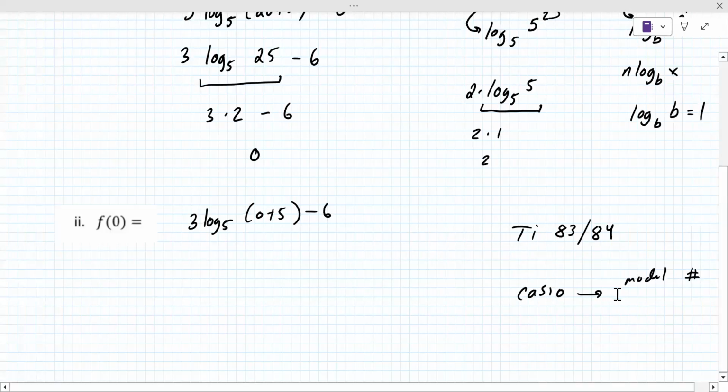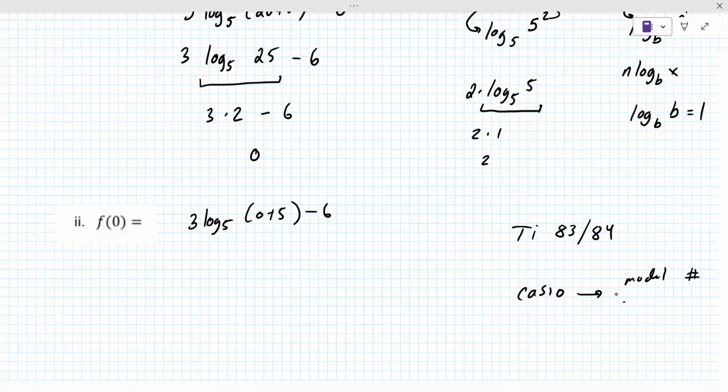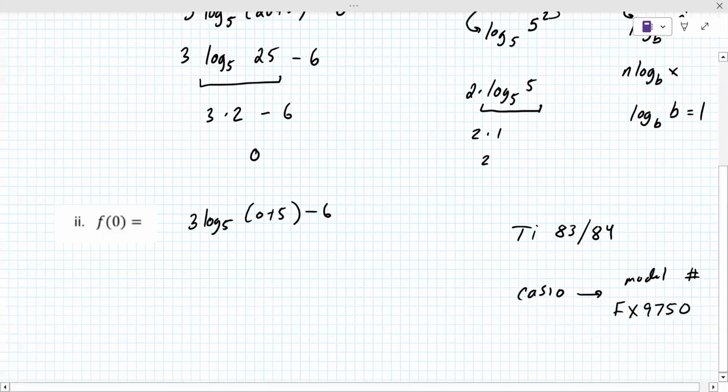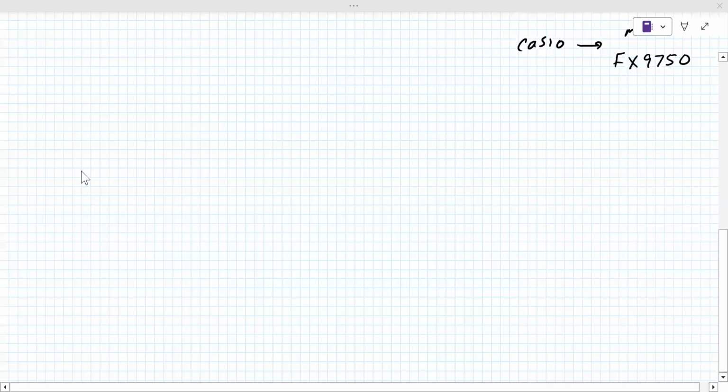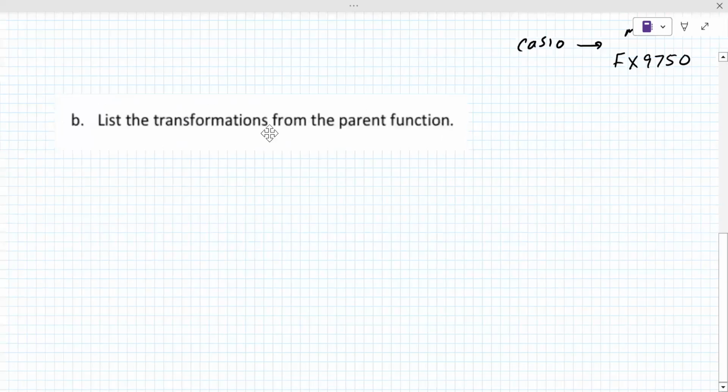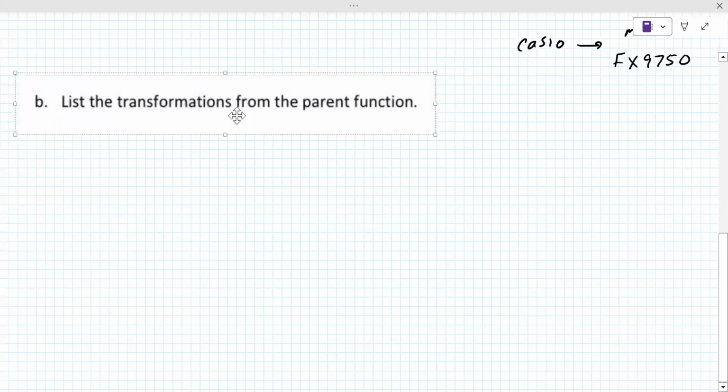I think it's FX9750. Okay. All right. Do you want me to spend a few minutes looking or just move on to part B? Just move on to part B. Okay. All right. For future lessons, usually I can look real quick and tell you what buttons to push, but it's not considered the traditional calculator for this course.